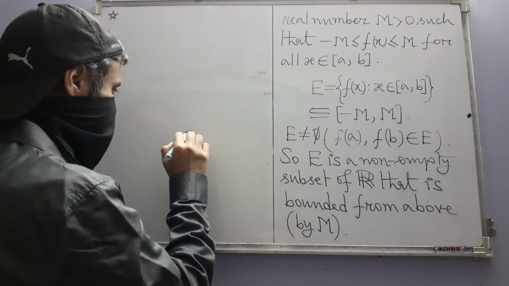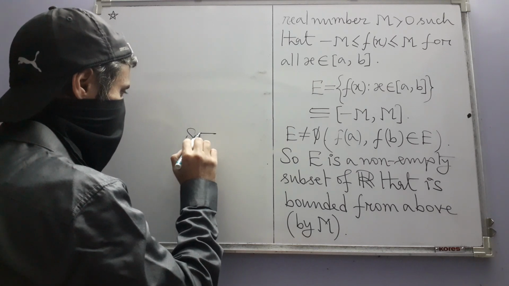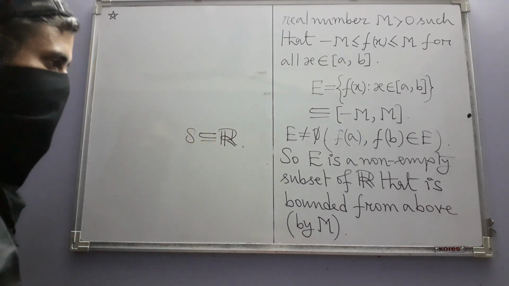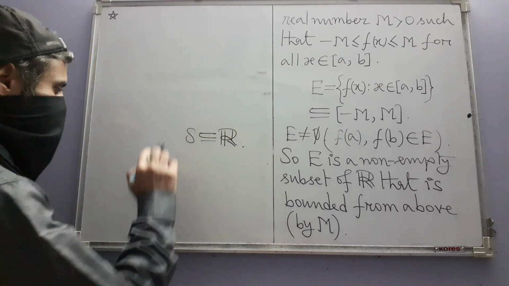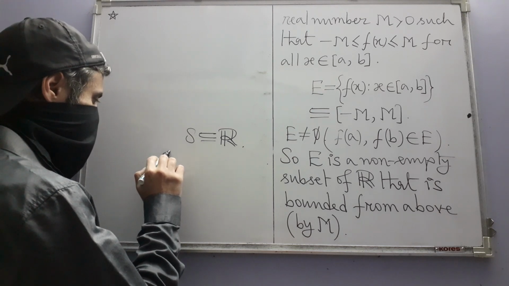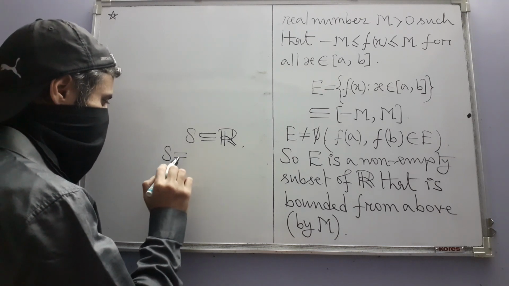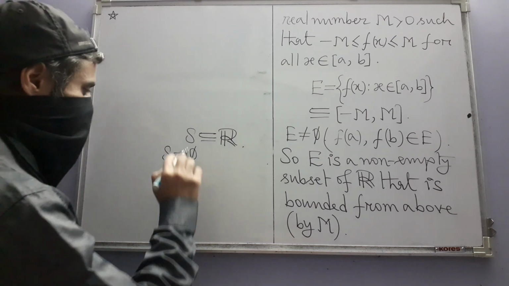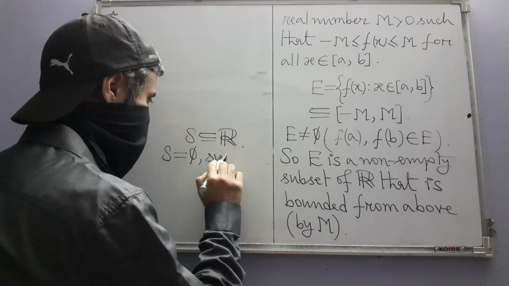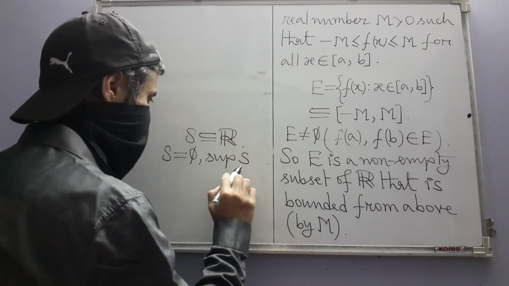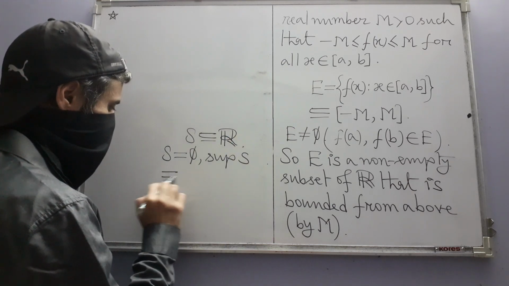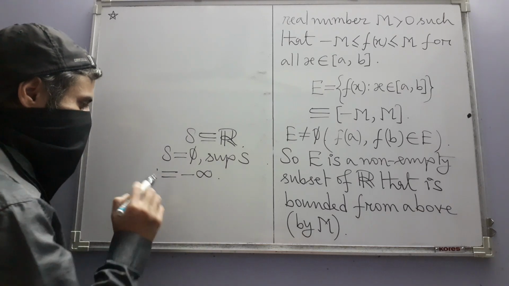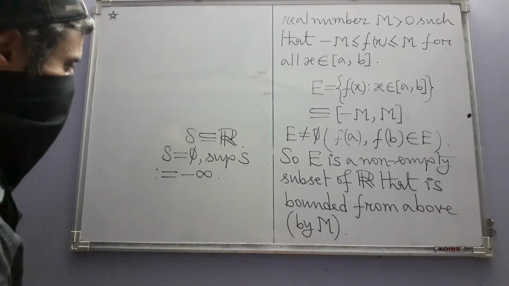For any subset S of R, this is how supremum was defined. There are cases. Suppose S is the empty set, S may be empty also, okay? In that case, the supremum of S is defined to be equal to minus infinity.